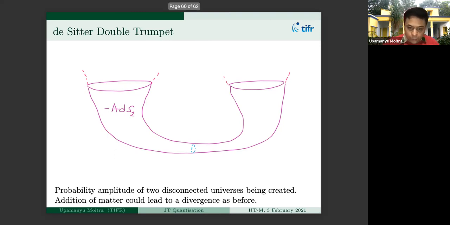Here too, because of the Casimir effect, we found a divergence as we found in the AdS double trumpet case. Obviously, it opens up a whole lot of work that could be done in this direction.